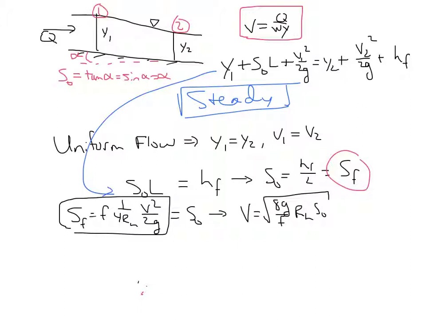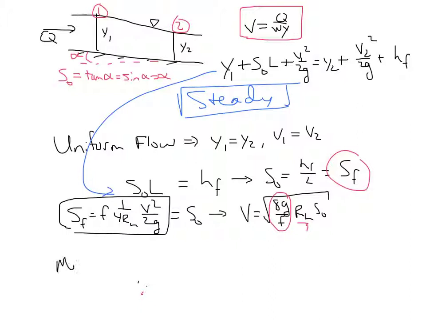Now we talked a little about the Chezy equation. The Chezy equation replaces this coefficient, the square root of 8g over f, with C. But really what gets used is the Manning equation. Manning's equation notes that this coefficient, the friction coefficient, which here is 1 over f, still has a little bit of dependence on the depth through R_H.